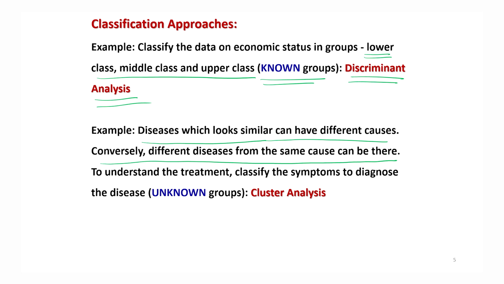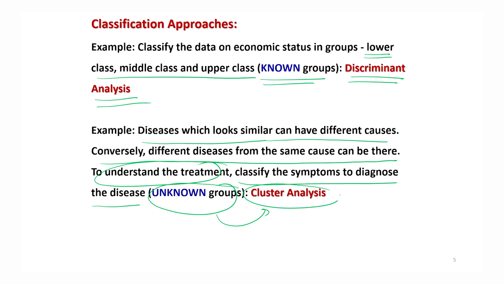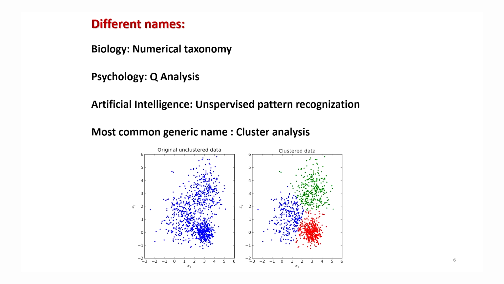Now if you want to understand the treatment for such a disease, we need to classify the symptoms into a proper group to diagnose the disease, right? Whether this coughing is due to tuberculosis or due to cold or something else. But these groups are unknown. So in such cases, we use the cluster analysis, right?